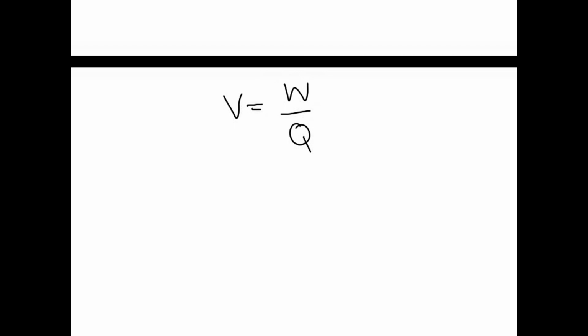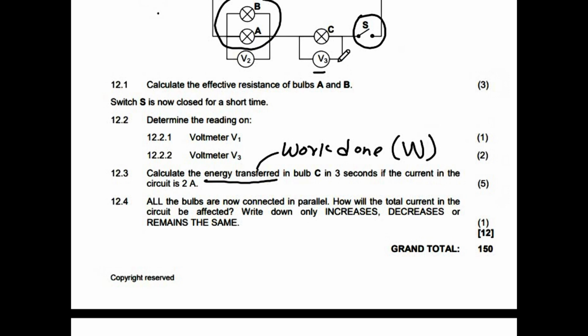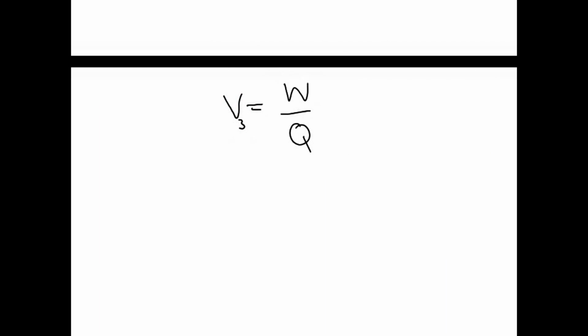We say V3 because we are concerned with light bulb C, and its value is given by that voltmeter V3, which equals the work done over the charge Q in coulombs, right? So we want the work done, we have the potential difference, but we don't have Q. How do we find Q?